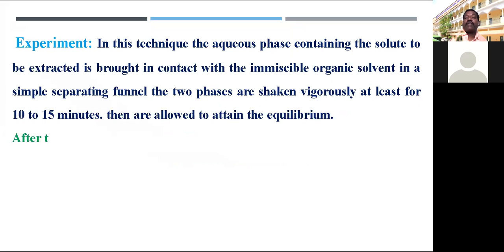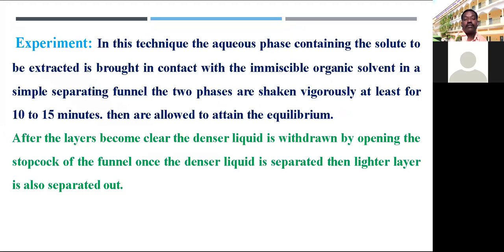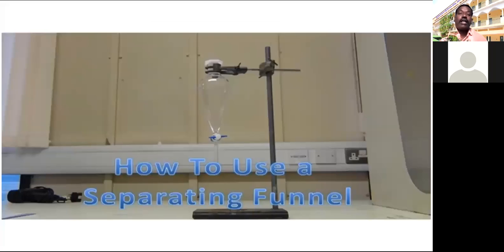In this technique, the aqueous phase containing the analyte is contacted with an immiscible organic solvent, and the two phases are shaken vigorously for 10 to 15 minutes and allowed to reach equilibrium. The high-density layer is separated first, and finally the lower-density layer is separated out. This is the experimental procedure of this liquid extraction method.